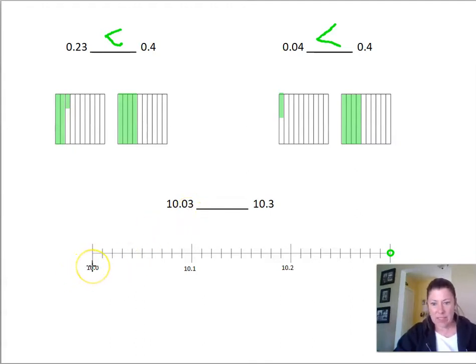Well, here's 10. That's 10 and 1 tenth, which would be 10 hundredths. So 10 and 3 hundredths is very close to that 10. So what does that mean? Well, it means that 10 and 3 hundredths is less than 10 and 3 tenths. So again, reminding you that the hundredths are the smaller pieces in between my tenths.